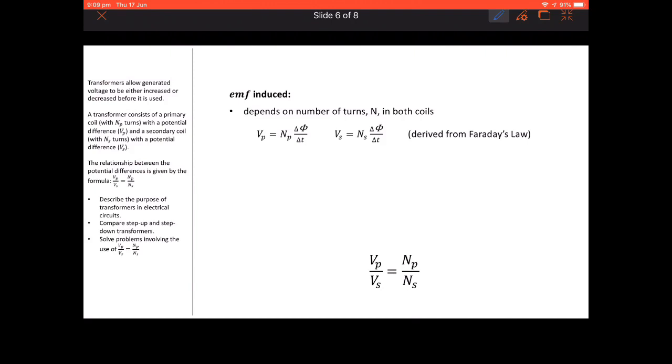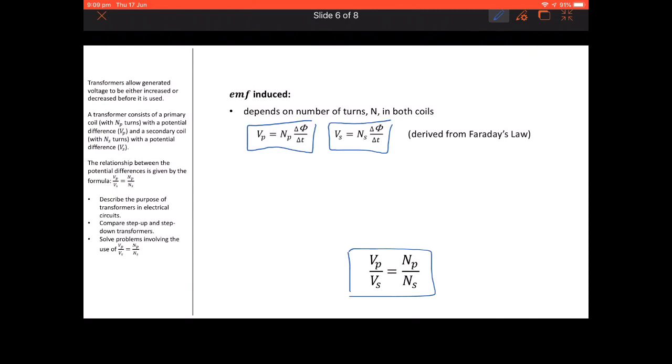So the EMF induced in the secondary coil depends on the number of turns in the primary and the secondary coils, and we'll use these rules here to get this rule here. It's just derived from Faraday's law.